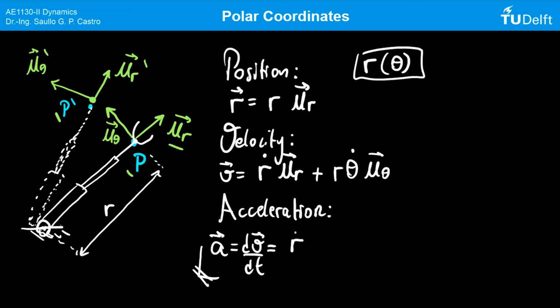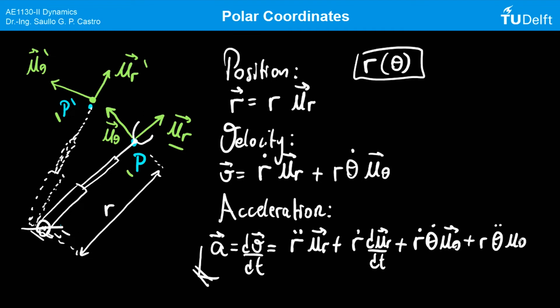So it will give us the second variation of r with time, where the only quantity we don't know yet how to calculate is how direction theta is changing with time.